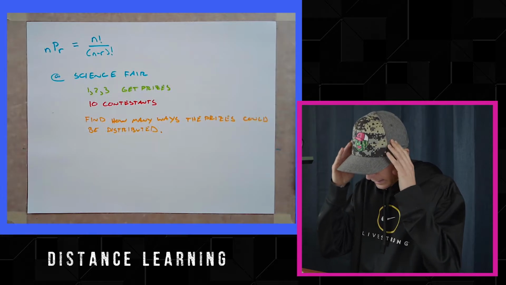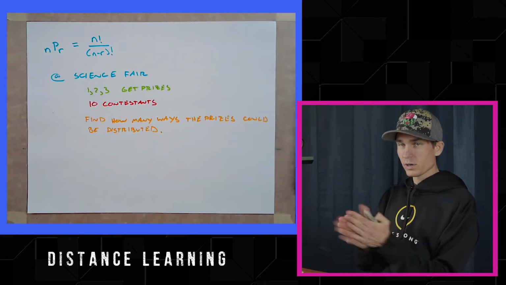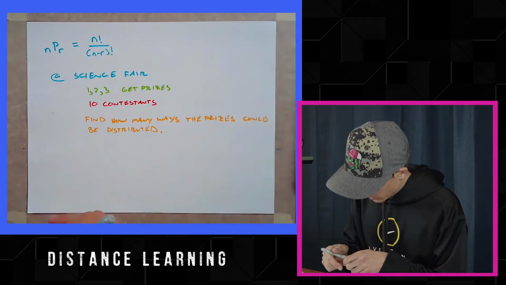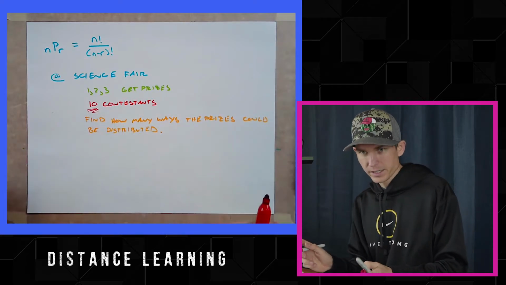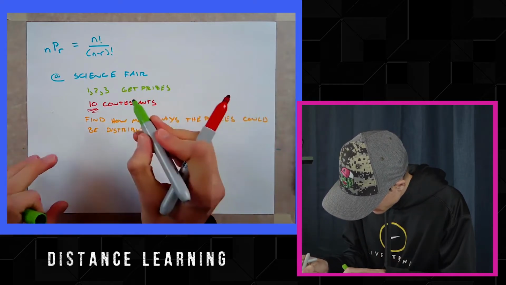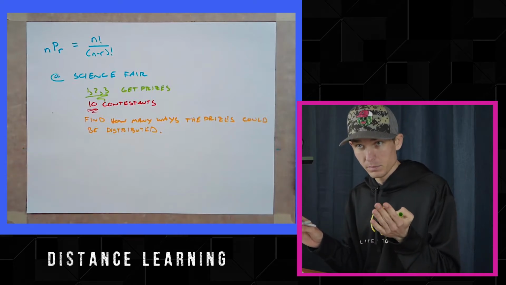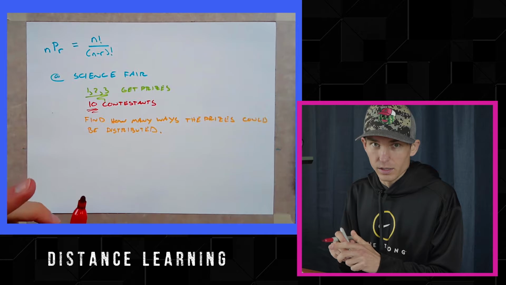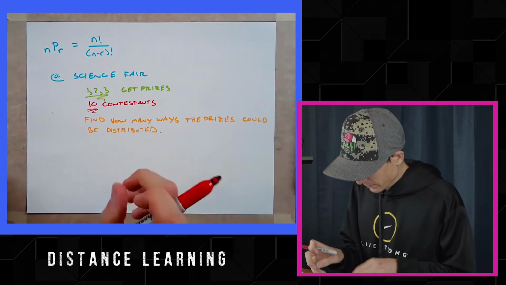So, the N is how many total things do I have to choose from. I have 10 people that I need to award 3 prizes to, right? And it matters if you're first, second, or third. I'd much rather be first than third, let alone 10th place, okay?